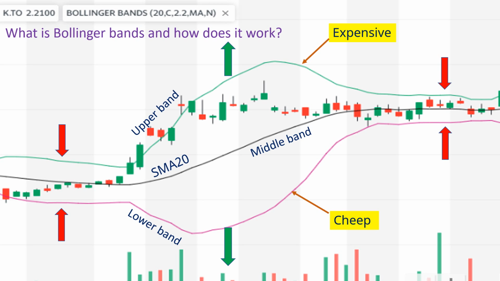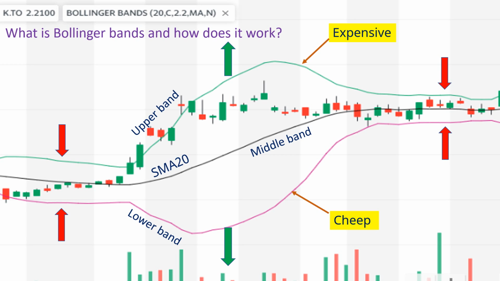It is amazing to know that when it comes to support and resistance recognition, there is no indicator that can compare or compete with Bollinger Band, because it has 3 moving averages that can serve as dynamic support and resistance levels. These 3 moving averages are nothing but upper band, lower band, and middle band.